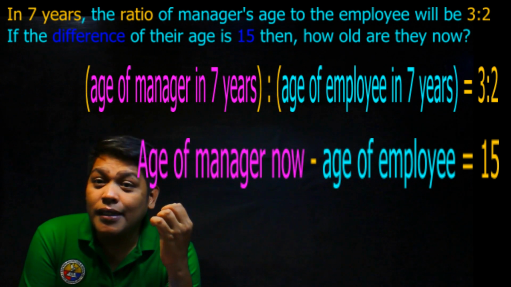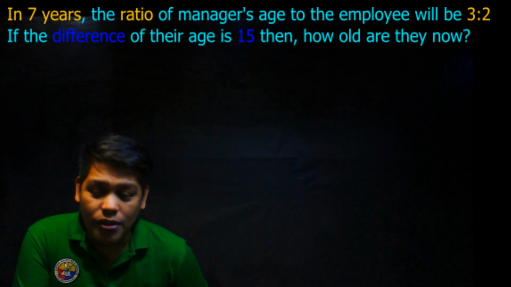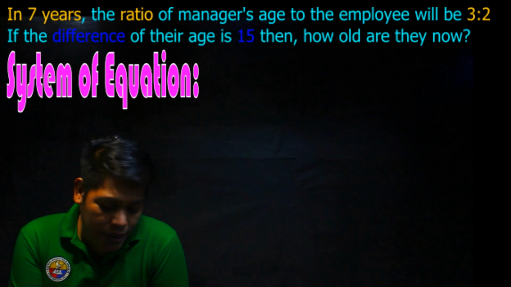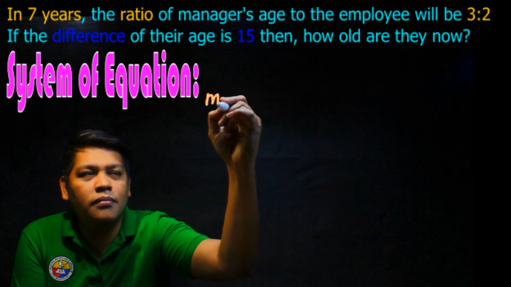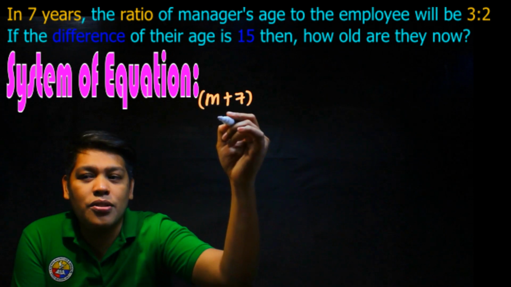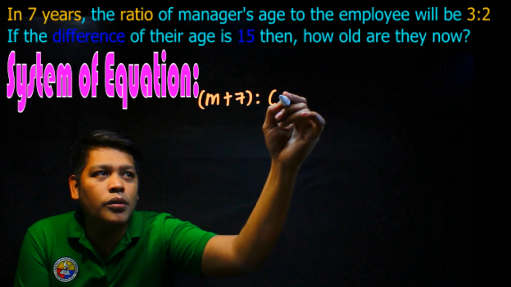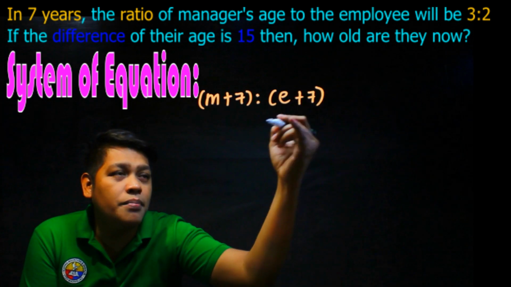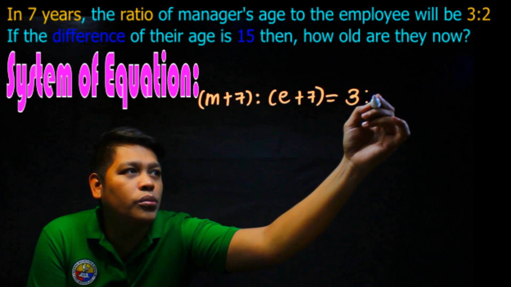So let's go to step number 3, the system of equations. What will be the system of equations? We said let M be the manager's age. So M plus 7 is to the employee's age E plus 7, equivalent to 3:2.